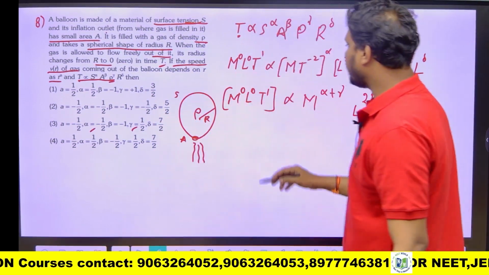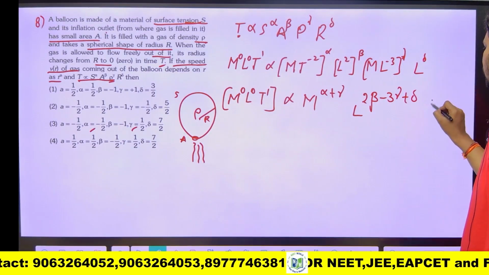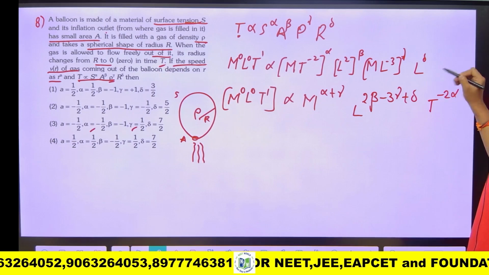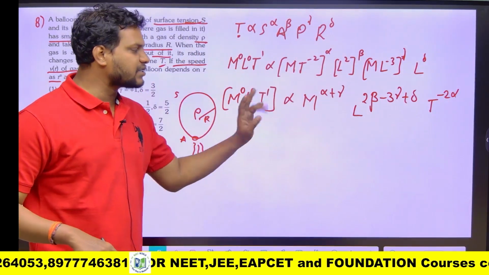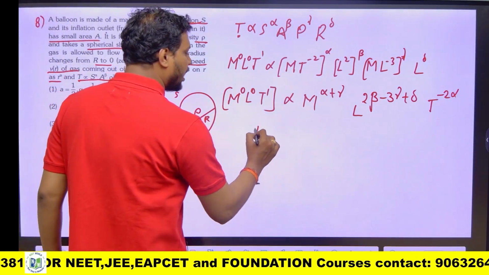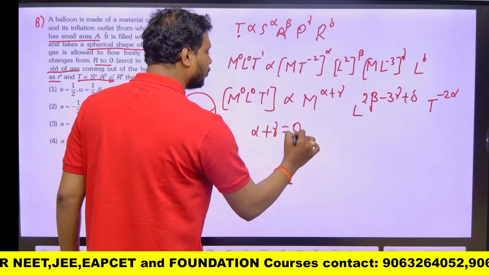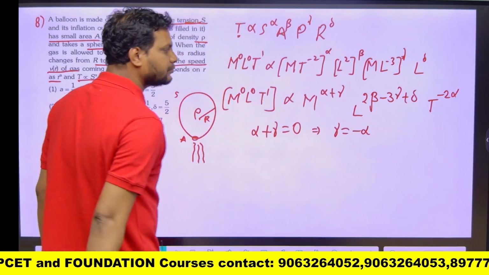And similarly, if I take the powers of time, here only one time term is there. You can write T power minus 2 alpha. Now on the left hand side and right hand side, as the bases are equal, we can equate the powers. If you equate the powers, alpha plus gamma is equal to 0, which implies gamma is equal to minus alpha.